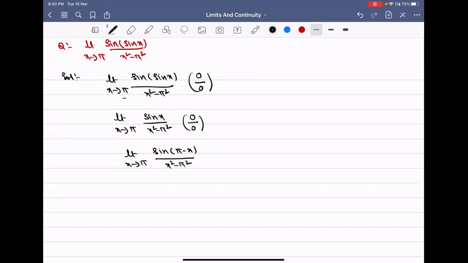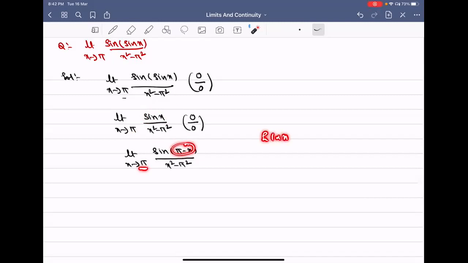Now, as x tends to pi, pi minus x tends to 0. You cannot replace sine x with x, because x does not tend to 0; x tends to pi. But here pi minus x tends to 0 as x tends to pi.